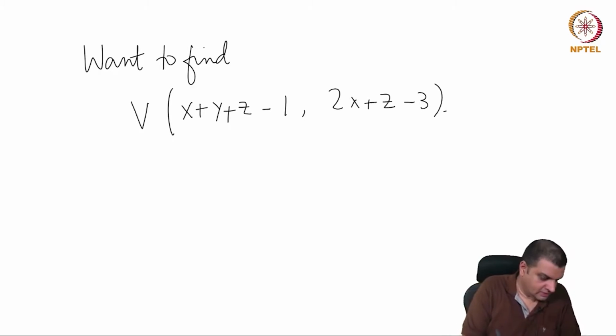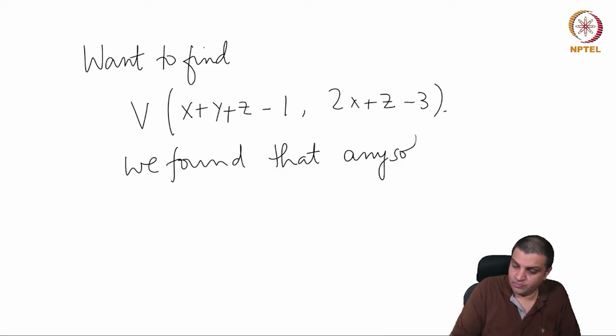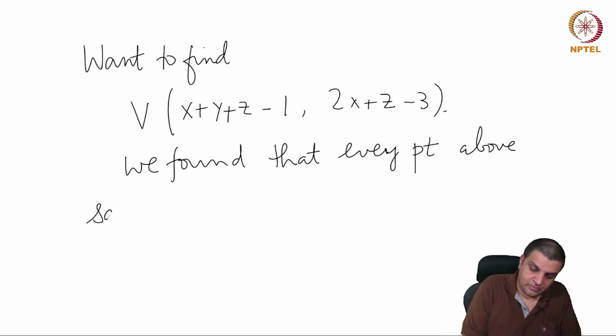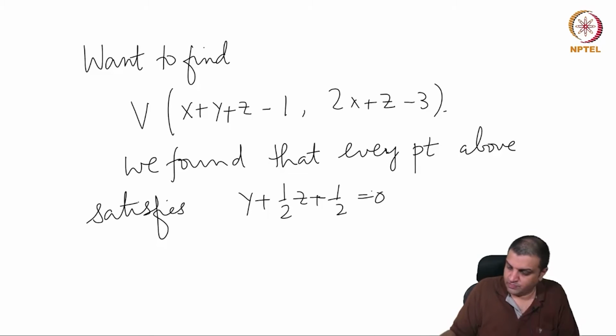So that is what we just said, that we want to find V of this, and on the way we found that any solution, every point above, satisfies this new equation, y plus half z plus half equals 0.